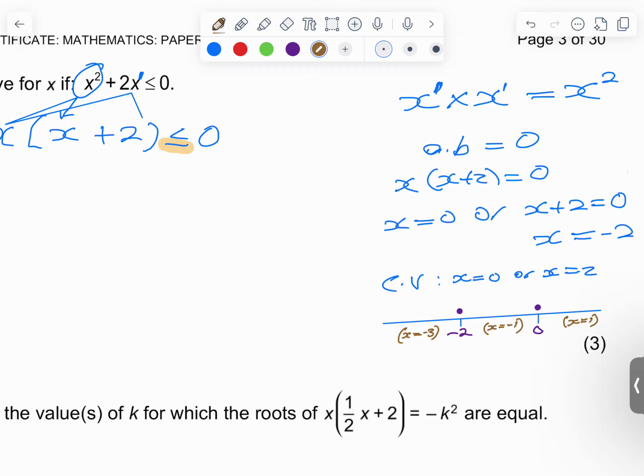What you are going to do now is to go to the equation that was written in standard form, which is the equation that was already given. You go into that equation and you test.